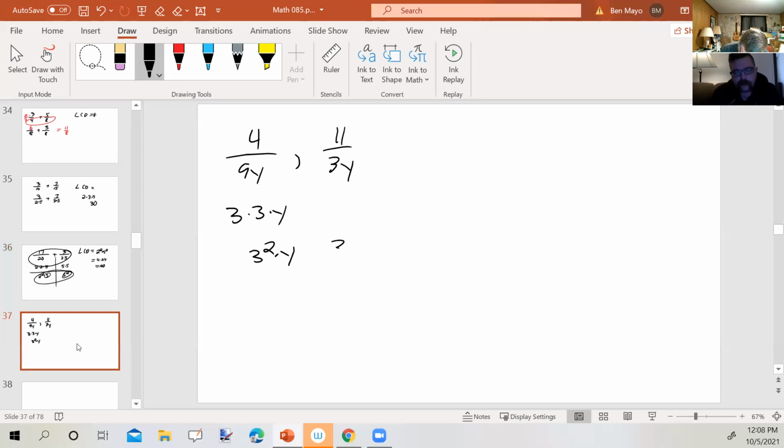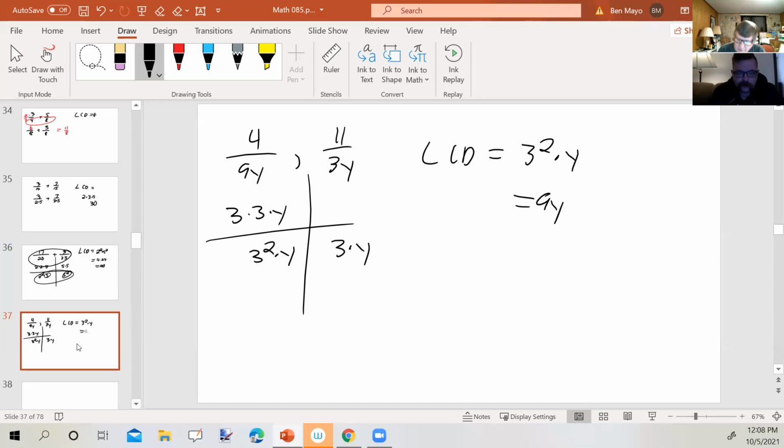If we factor 3y, we get 3 times y. Okay, so the least common denominator would be the product of the highest power of each prime factor. So we've got 3 squared times y, or 9y. So 9y is the least common denominator of 9y and 3y.